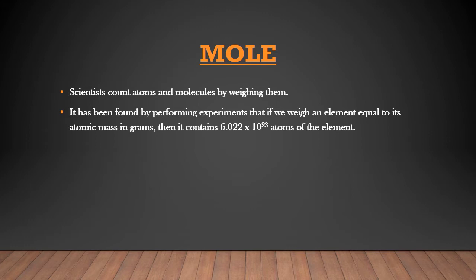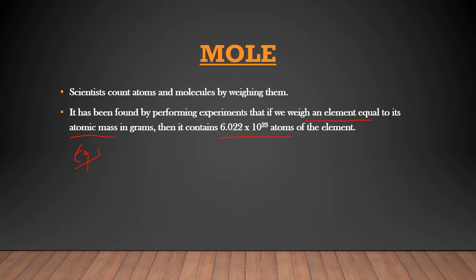Now, what scientists have found out experimentally is when you weigh an element equal to its atomic mass, it will contain 6.022 into 10 raised to 23 atoms. Let us understand by taking an example.